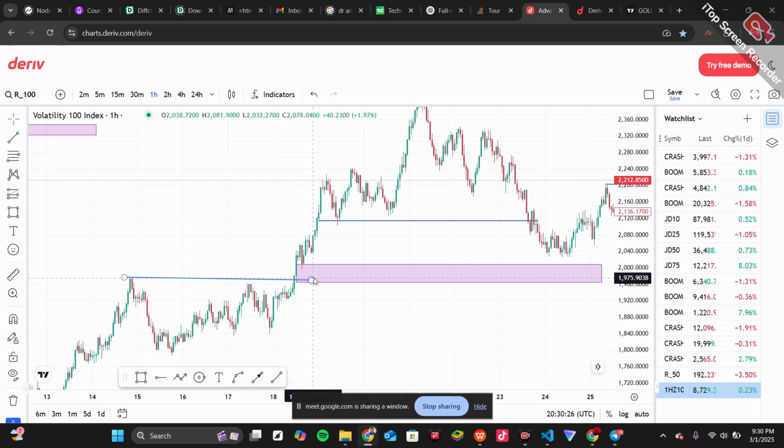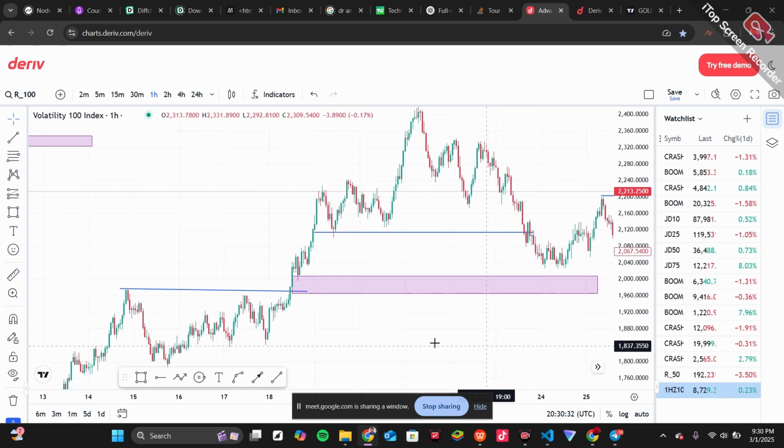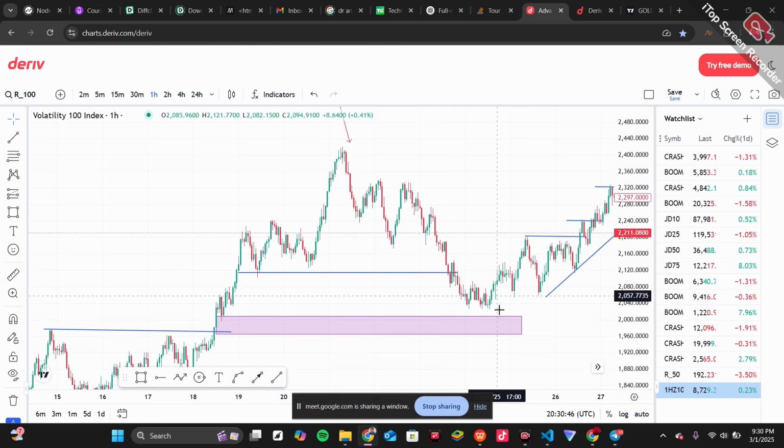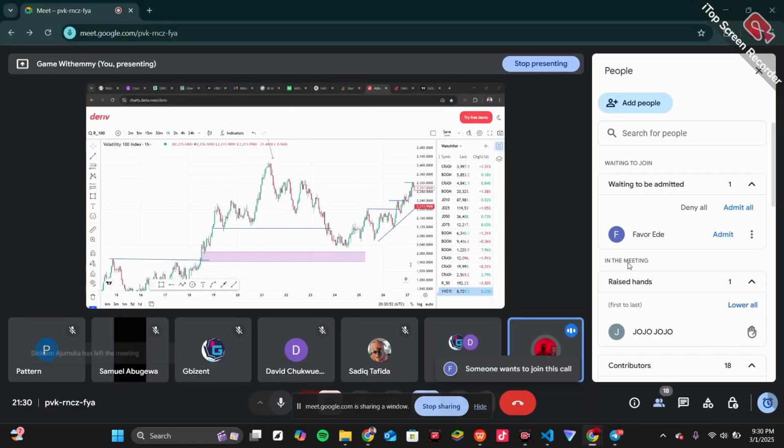Remember, you can also say this is your support zone, because whenever a resistance zone has been broken, it will turn to what? Support zone. So it's simple. Resistance zone broken, now it has turned to support zone. That's where price used as a level to push up and continue buying. Okay, simple.